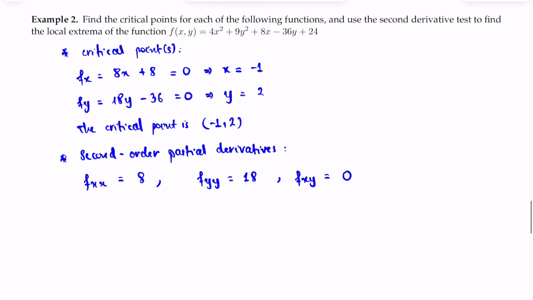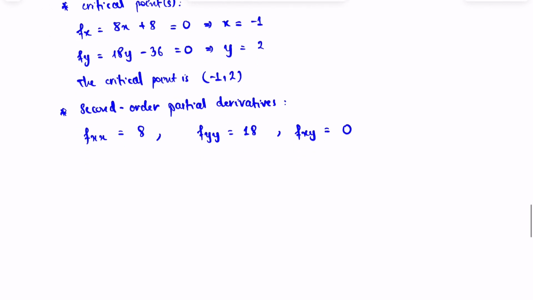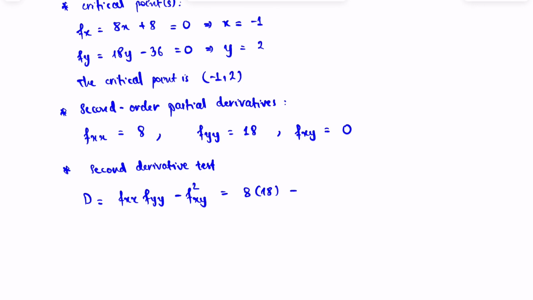Now we have the second order partial derivatives. We're going to substitute these into the discriminant of the second derivative test. We get that D is equal to f_xx times f_yy minus f_xy squared. With f_xx equal to 8 and f_yy equal to 18, minus 0 squared.